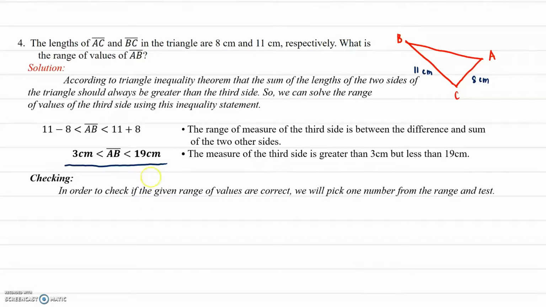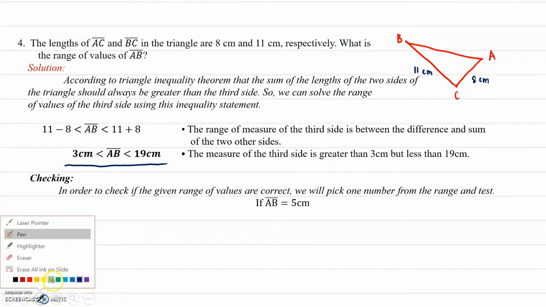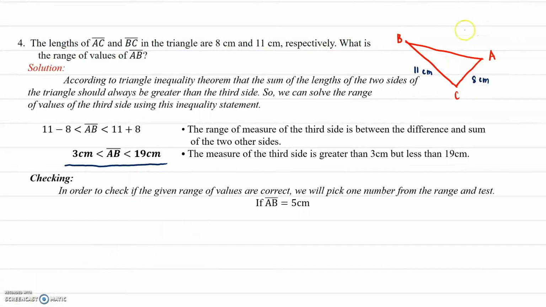So how do we check? Let's pick one value from the range. So let's say that side AB is equal to 5 centimeters. Picking from the range, we have, let's say that side AB is 5 centimeters.